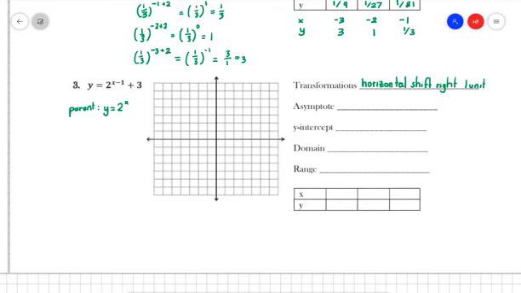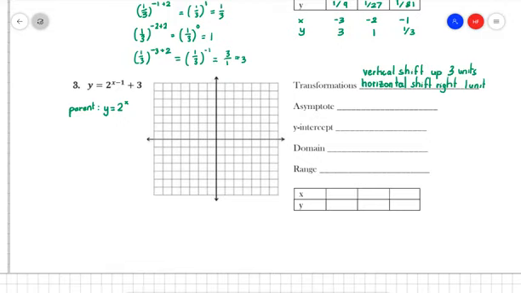And then that plus 3 on the end is going to be a vertical shift in that direction. So down, oh, not down, sorry, up, because it's plus 3 units. So those are my two transformations that are occurring on number 3.